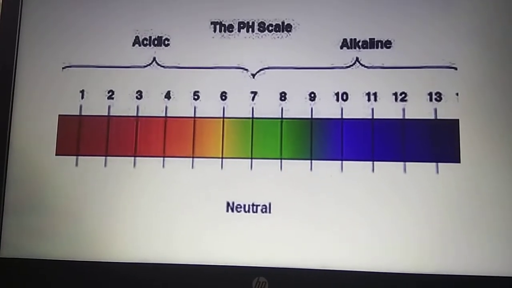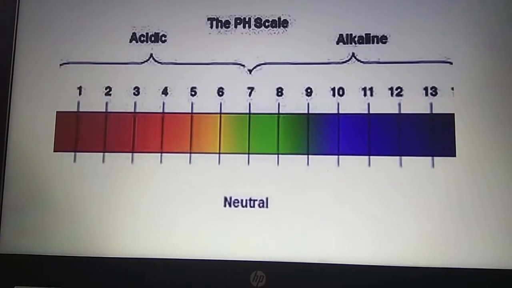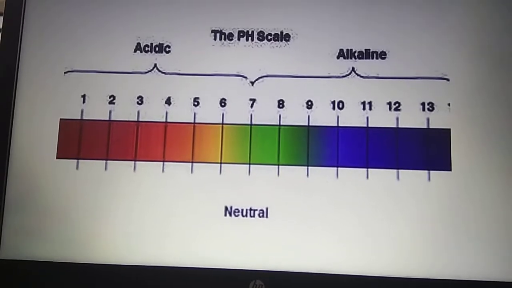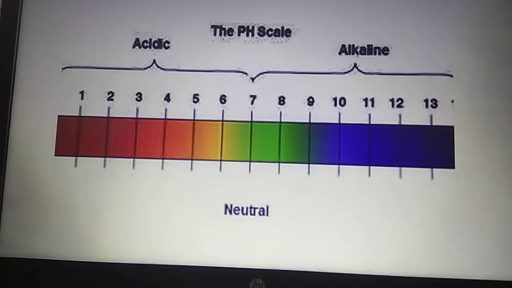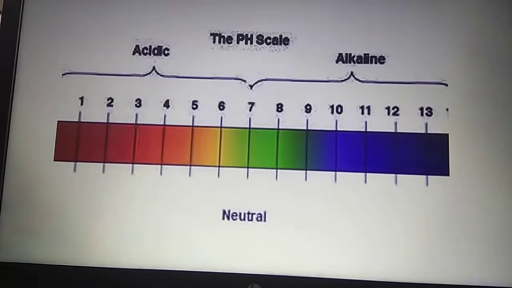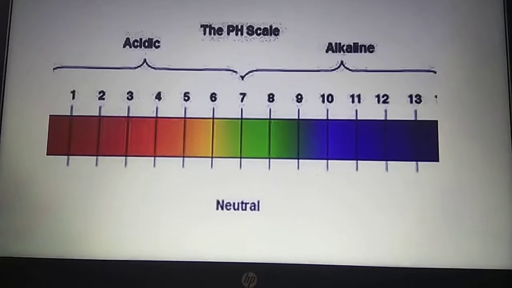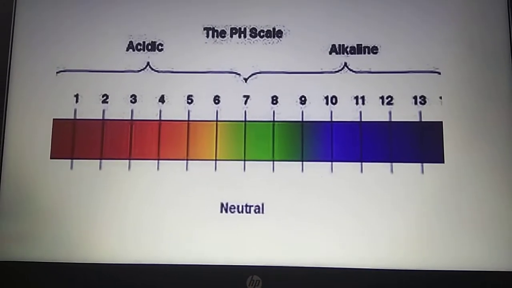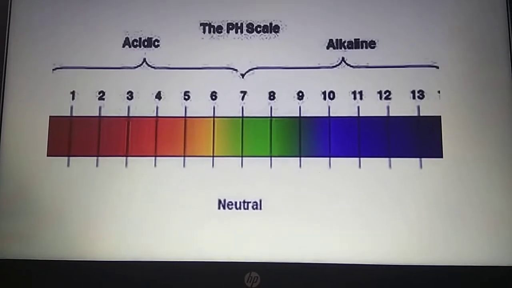If we go to the left side, that means if the pH value decreases from 7 to 0, pH value is decreasing means concentration of hydrogen ion is increasing. Concentration of hydrogen ions increasing means solution is acidic. More H+ are present in the solution. So we can say if pH value goes on decreasing from 7 to 0, the strength of acidic solution goes on increasing.